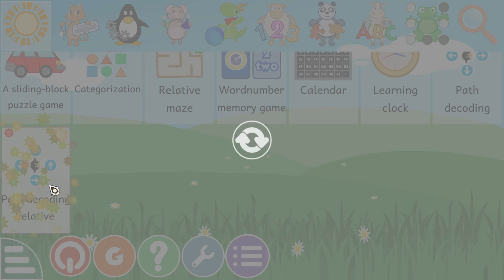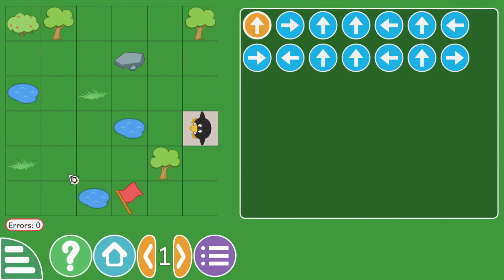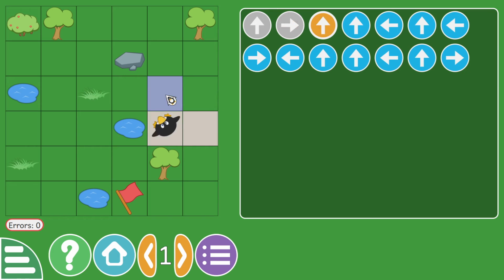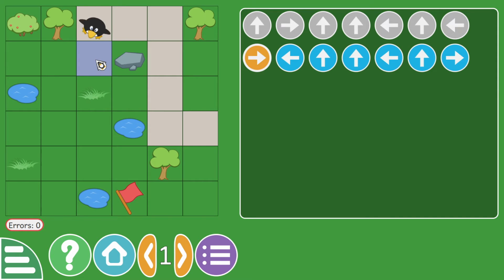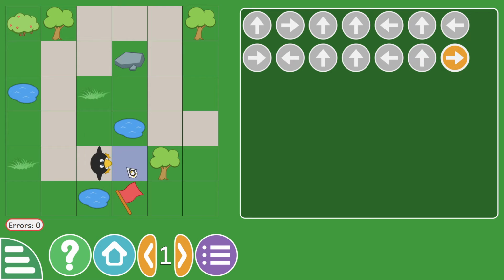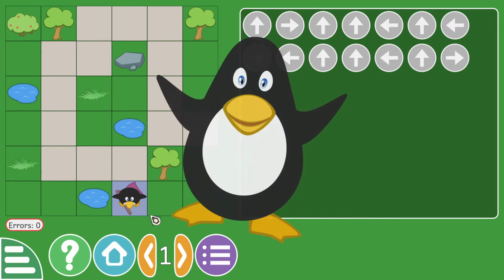I'm going to swap into relative ones, where the directions at the moment are to walk forward, turn right, walk forward, and then turn left. So we're back to forwards, lefts, and rights, which can get a bit confusing if the arrow is pointing up. And then we go turn left, walk forward, and then turn right.